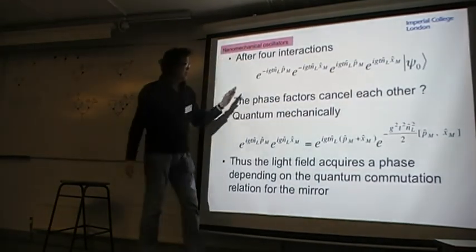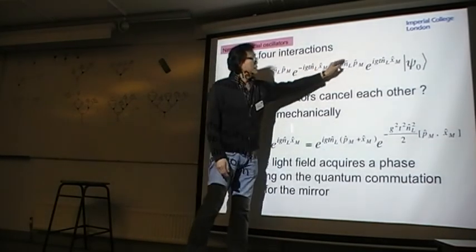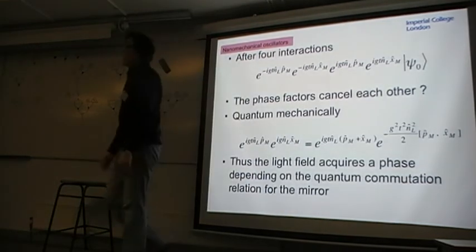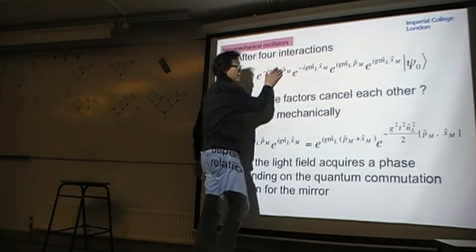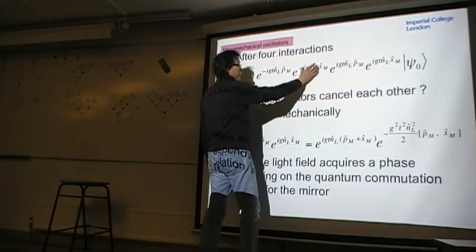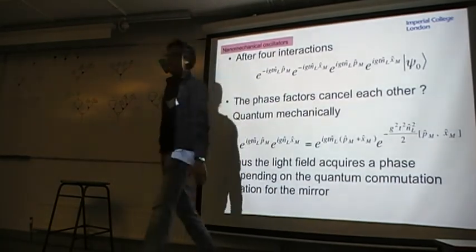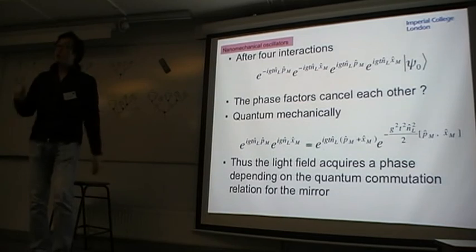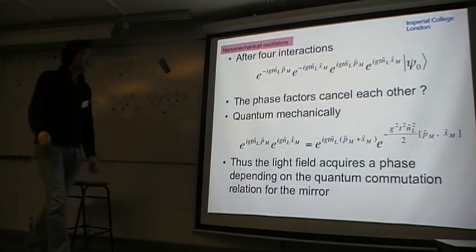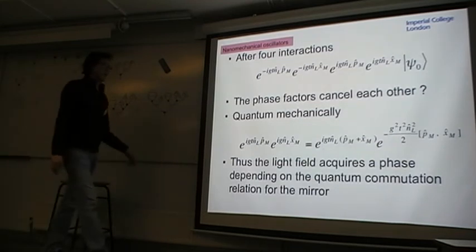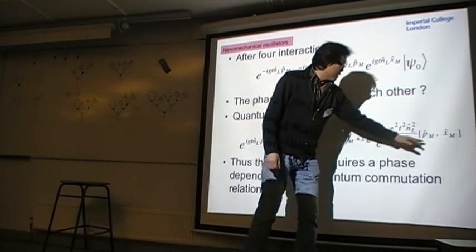So now, if you get rid of these operator notations, then you will see that this minus will cancel out this plus, and minus will cancel out this plus. So all these things will sum up as a unit operation, right? But we know that X and P do not commute if quantum mechanics is right and the commutation relation is right.